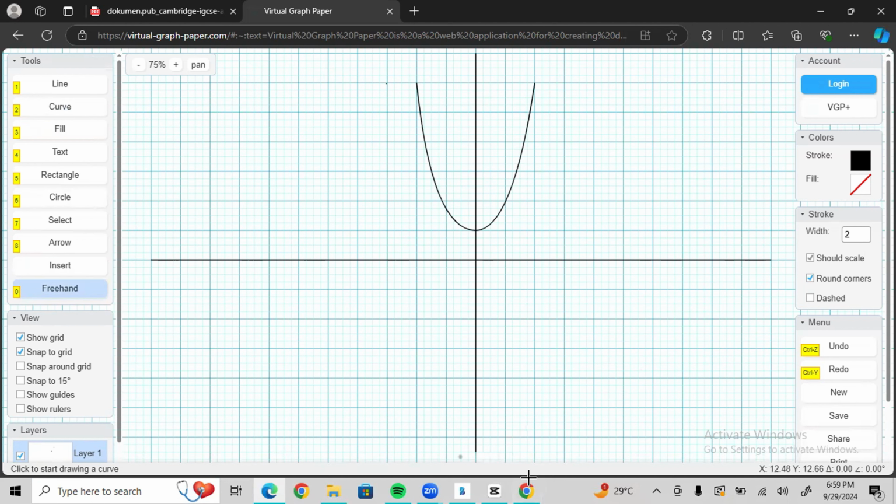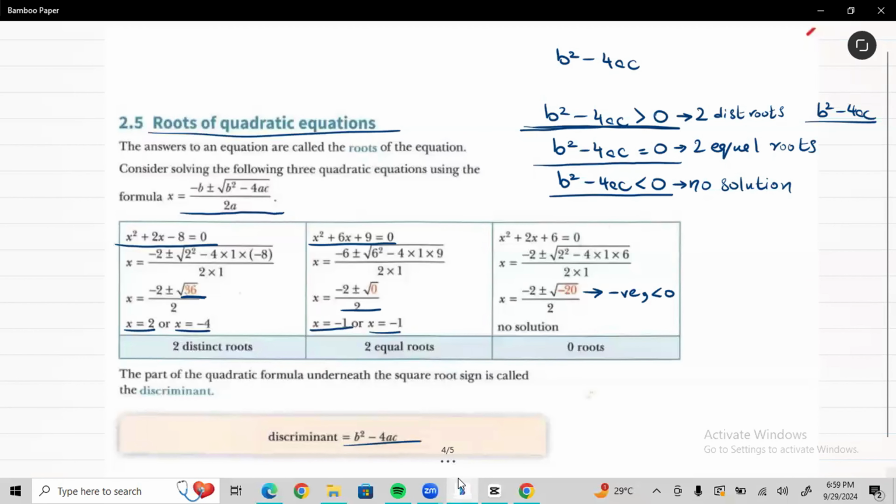And that's basically the concept behind the different values for the discriminant. So as a recap, we are going to just summarize now. When the discriminant is greater than 0, or we can say if it has a positive value, we are going to say that it has two different roots, or two different values for x. If the discriminant is equal to 0, it's going to have the same values for x, I mean the same two values for x.